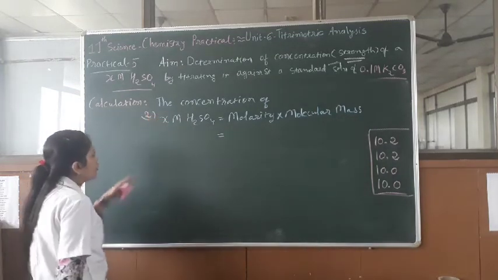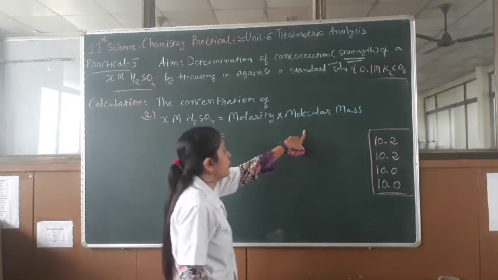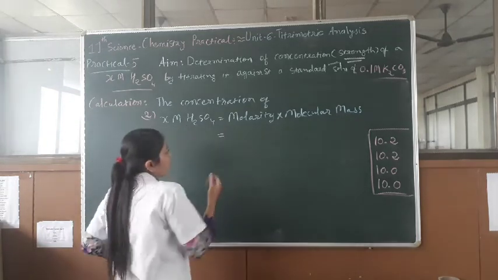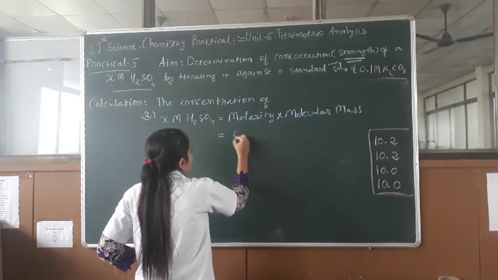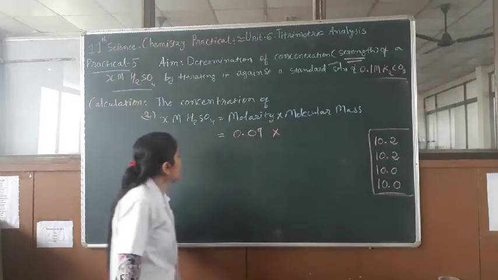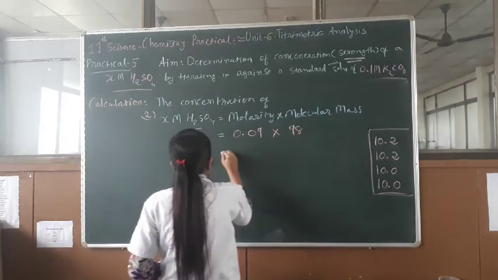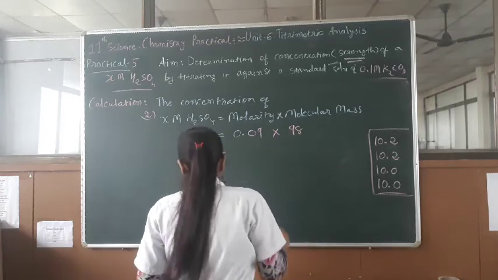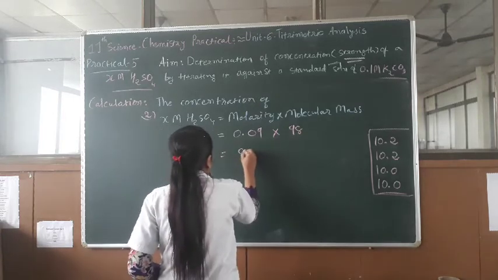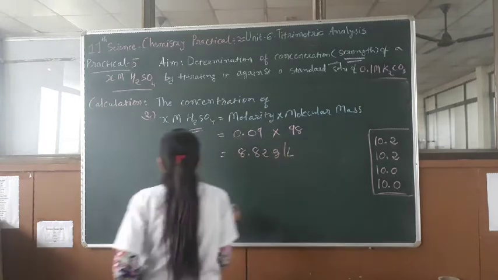The concentration of X molar H2SO4 is equal to molarity into molecular mass. Molarity was 0.09. And what is the molecular mass of H2SO4? 98. So 0.09 into 98 is 8.82 gram per liter.